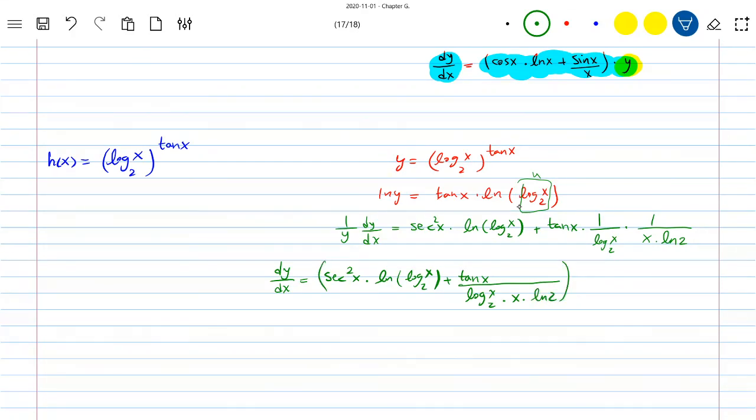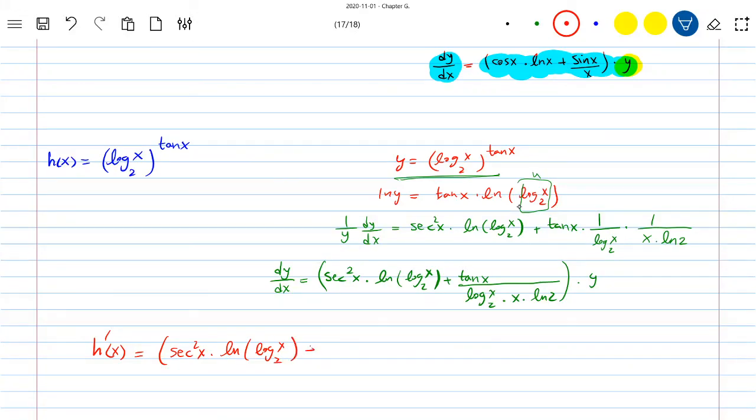And since we multiply both sides by y, there should be a y here. So at the end, you replace y with this thing. So finally, h prime x equals secant squared x times ln log x base 2.